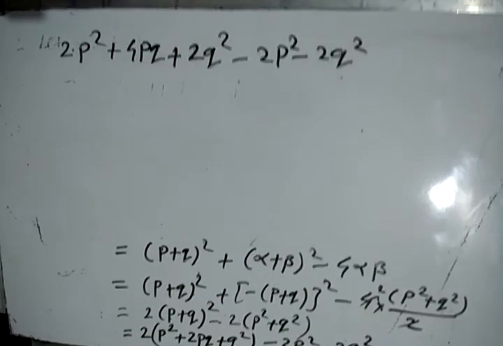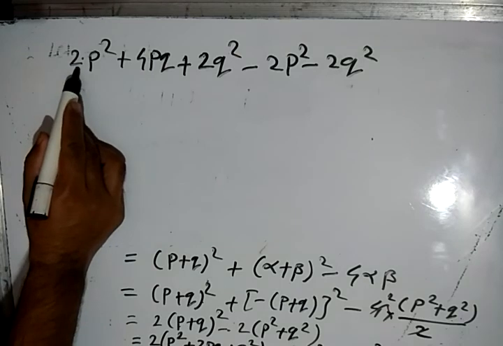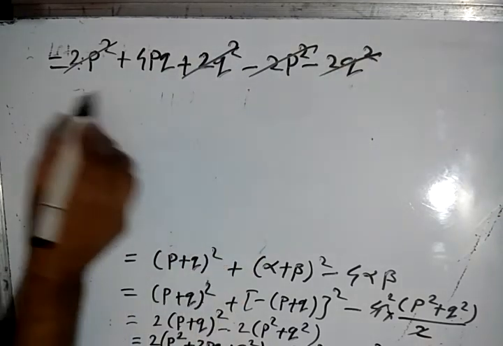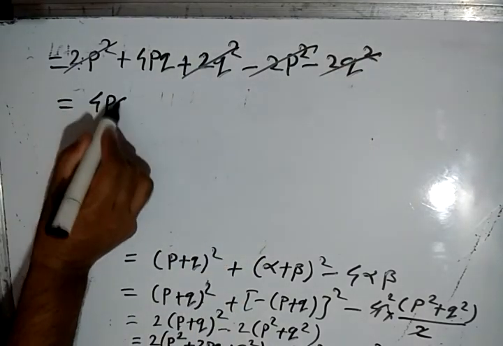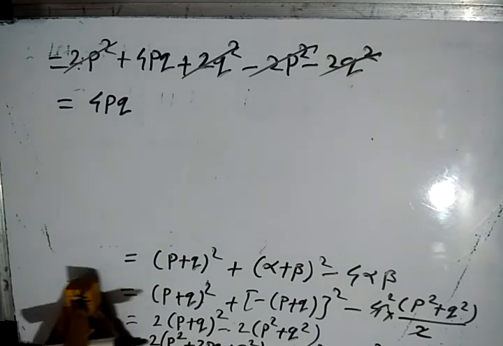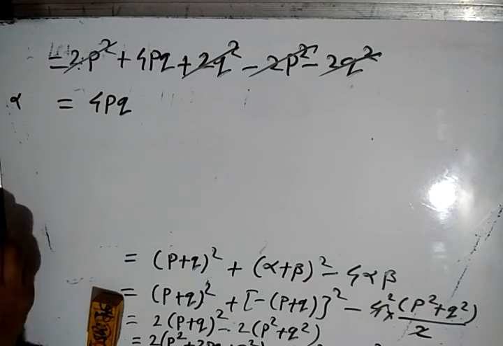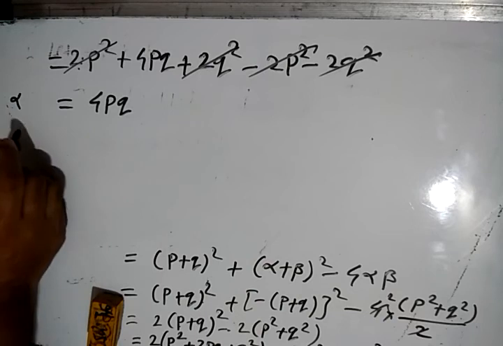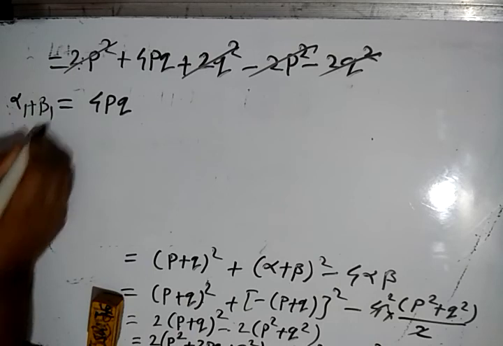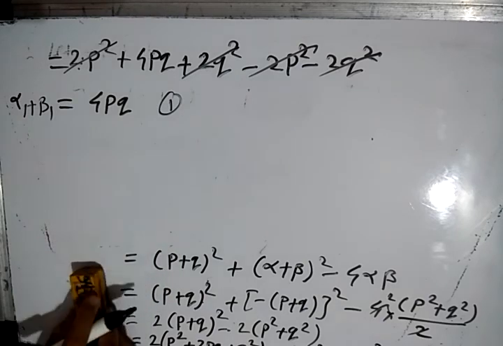After multiplication, we get this statement, and the 2p square terms cancel, the 2q square terms cancel, and only 4pq remains. The value of alpha 1 plus beta 1 is 4pq. Consider this the first, the sum of the roots.